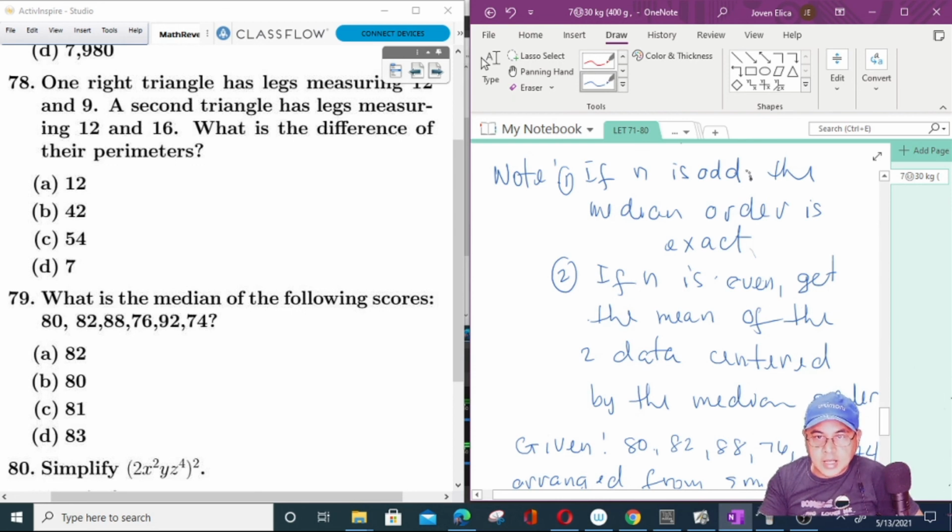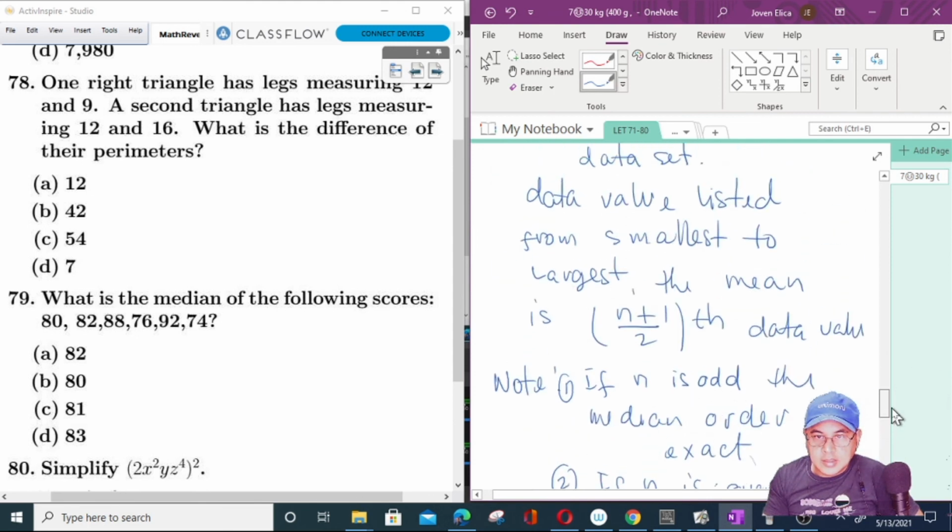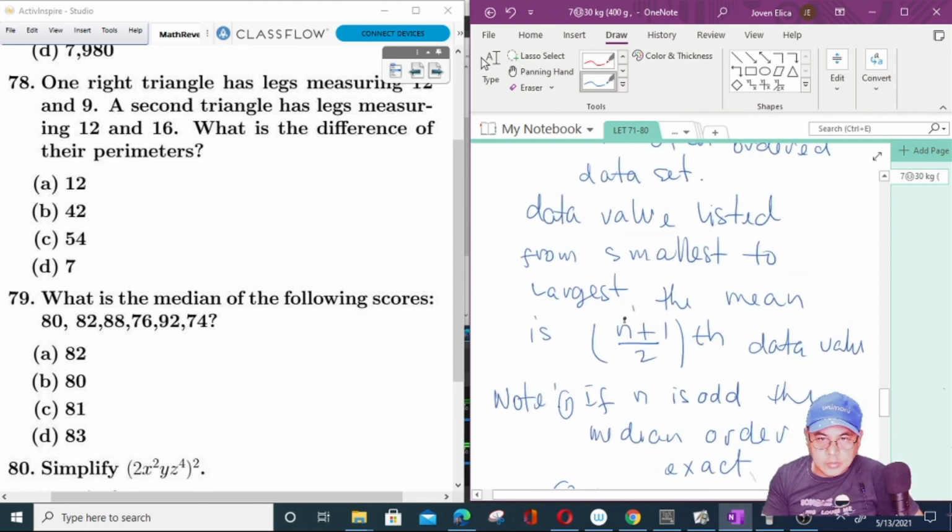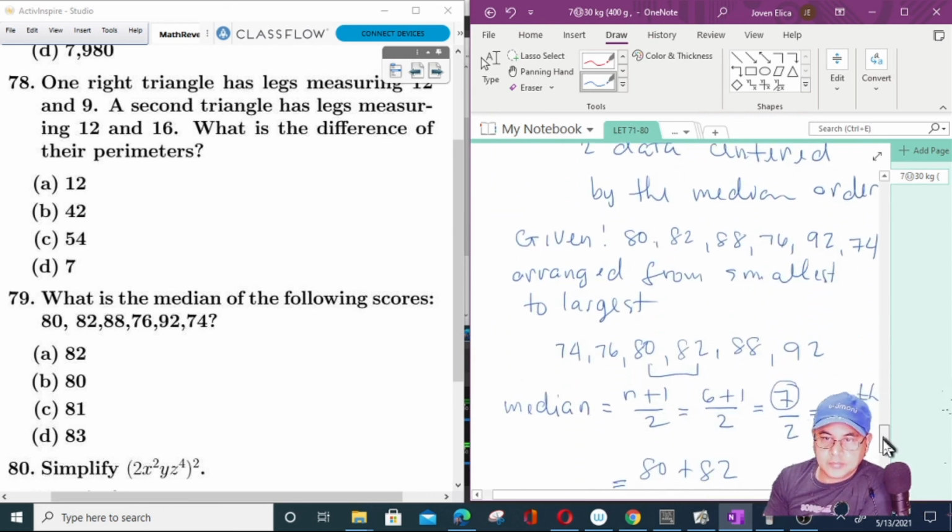But if n is odd, for example 1, 1 plus 1 is 2, 2 divided by 2 is 1, the median is exact. Okay.